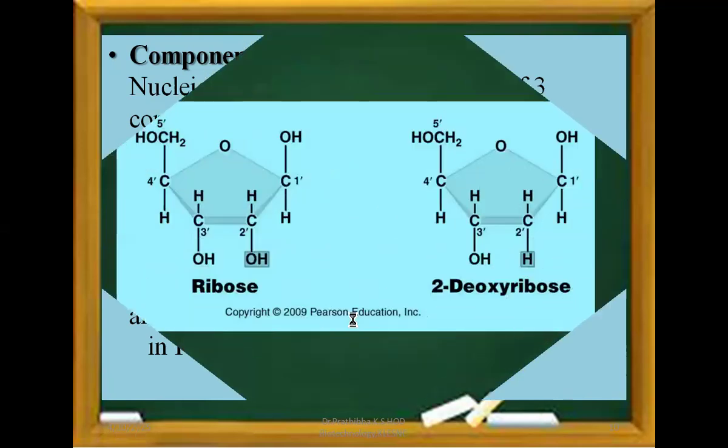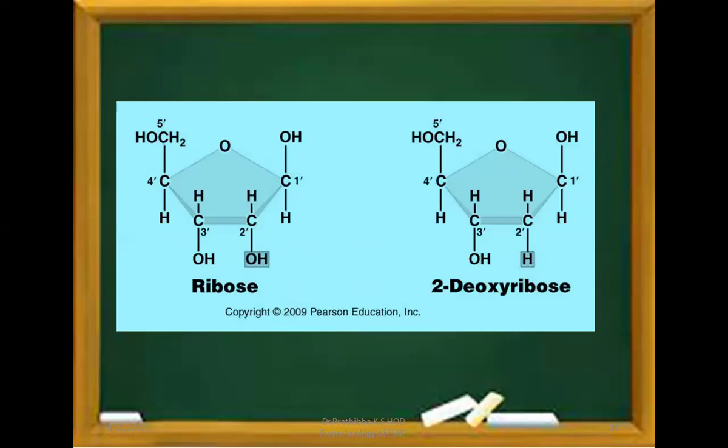Okay, this is the first component of the nucleic acid, that is ribose, where at the 2' carbon atom a hydroxyl group will be there. Whereas in 2' deoxyribose, at the 2' carbon atom, there is a removal of the oxygen molecule. That's why these riboses are called deoxy. There is a removal of the oxygen group.